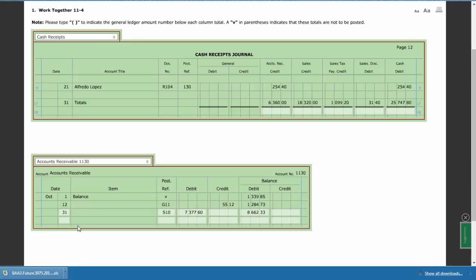If I posted my cash receipts journal first, what would happen? I would have a credit balance. Do you see that? Because look at that total right there, $6,000. We don't want accounts receivable to have a negative balance. Basically, what we would be entering in here is the fact that we received payment before we said they actually owed us. That's another reason why it's very important that we post in the correct order.